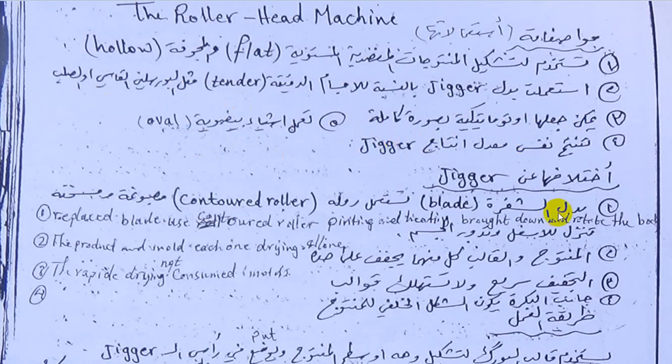The difference between the roller head machine and the jigger is as follows. Instead of the blade in the jigger, the roller head machine uses a contoured roller, a rotating disc with contoured dimensions, which is dyed and heated.